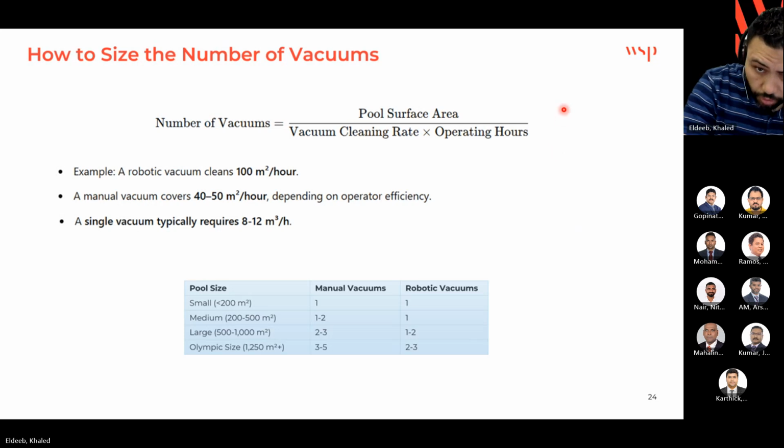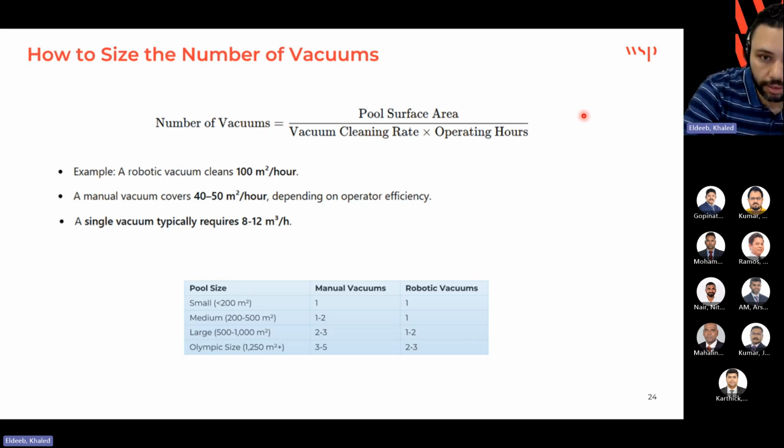The more hours we have, the fewer vacuums we need, because you can move the hose from one vacuum point to another.